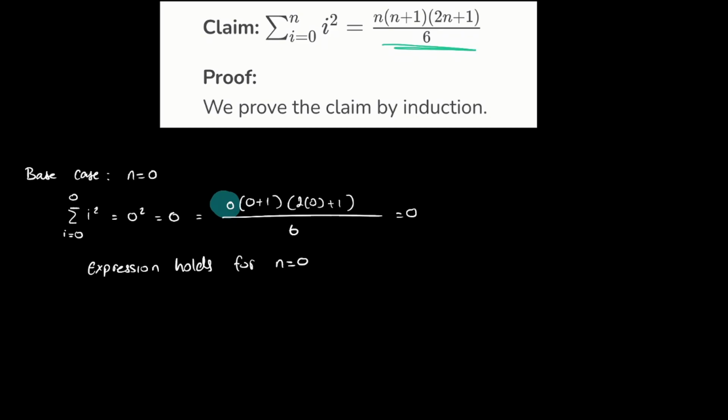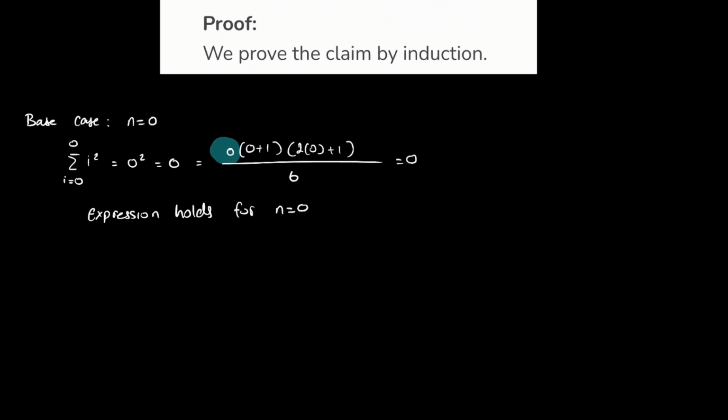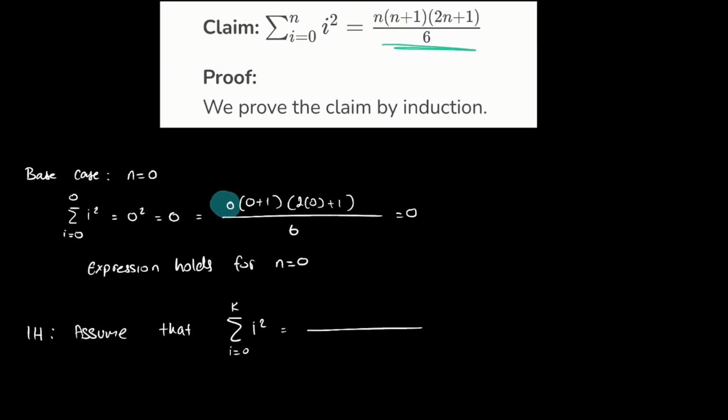Okay, so now we can move on to our induction hypothesis. I'm just going to write IH for short for induction hypothesis. We're going to assume the expression holds for n equals k. So we assume that the summation of i squared from i equals 0 to k equals, and instead of n in our original expression, we write k.